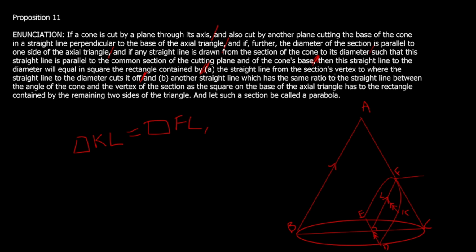Which has the same ratio to, so now this is starting another clause. So say FH has the same ratio to the straight line between the angle of the cone and the vertex of the section. This is the vertex of the section. This is the angle of the cone. So that would be this line, AF.